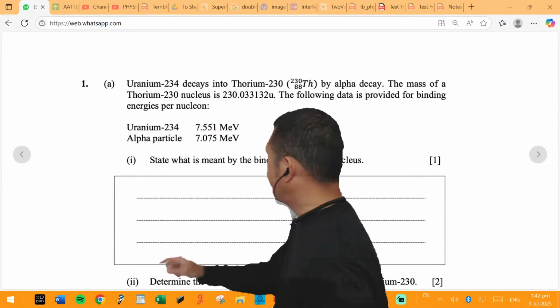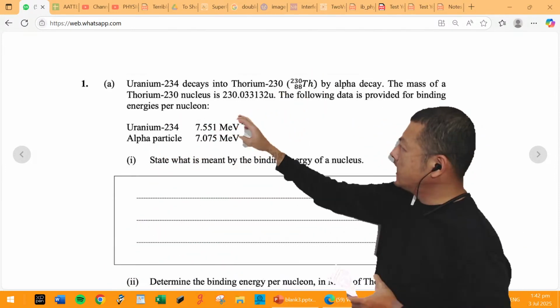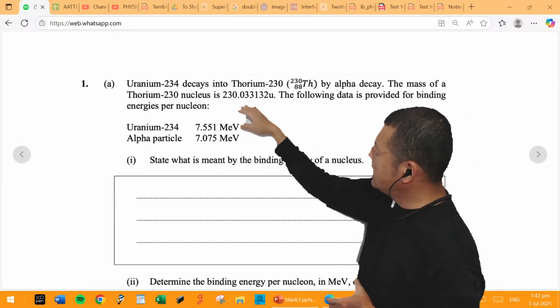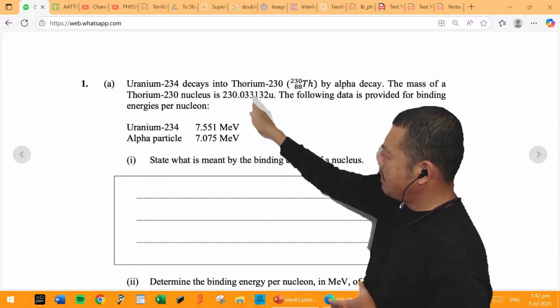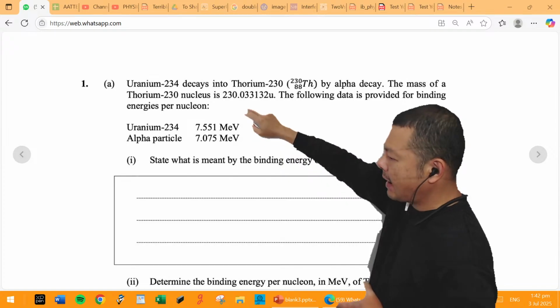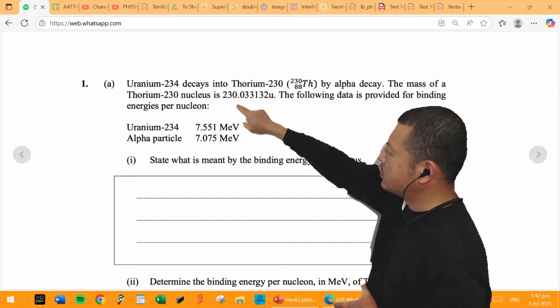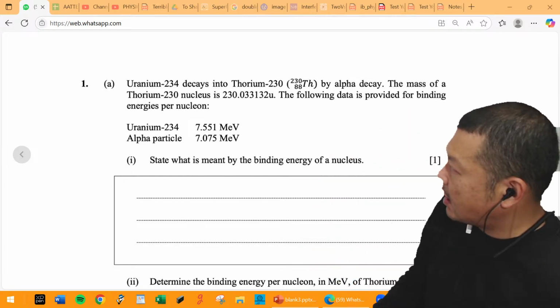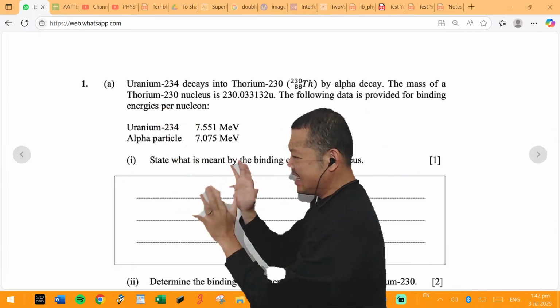Yeah. Okay. So basically, what happened was the teacher who set this question made a very major error in the value here, right? This value happens to include the binding energy of electrons in it, so this was the wrong value. It turns out thorium has 90 electrons.